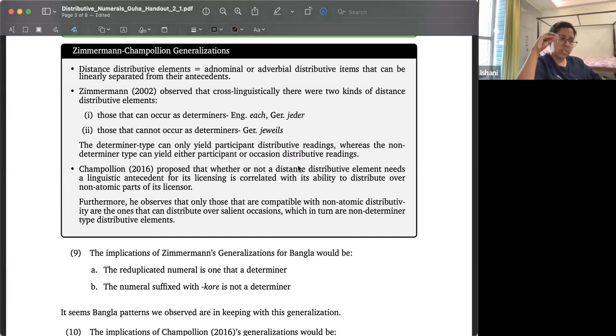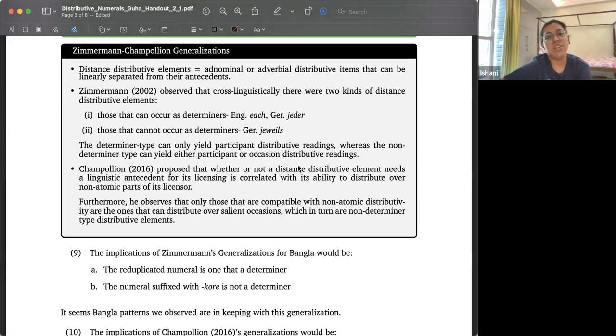In terms of not such variation exactly, but variation within forms of distributive numerals. So first of all, let me tell you a new term, which is distance distributive elements. These are different names for distributive numerals or things like that.